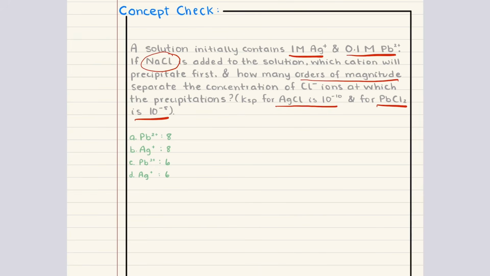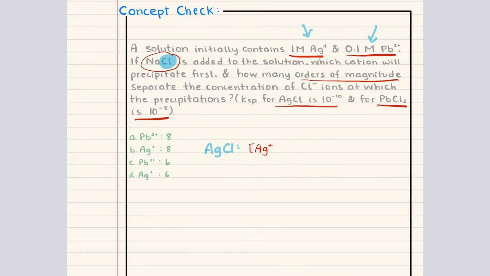So the solution starts with 1 molar silver ions, 0.1 molar lead 2+. We're going to be adding chloride from sodium chloride. Each possible solid has a chloride threshold where its ion product just reaches KSP. The salt that requires the lower chloride concentration will hit its KSP first, and it's going to start to precipitate first.